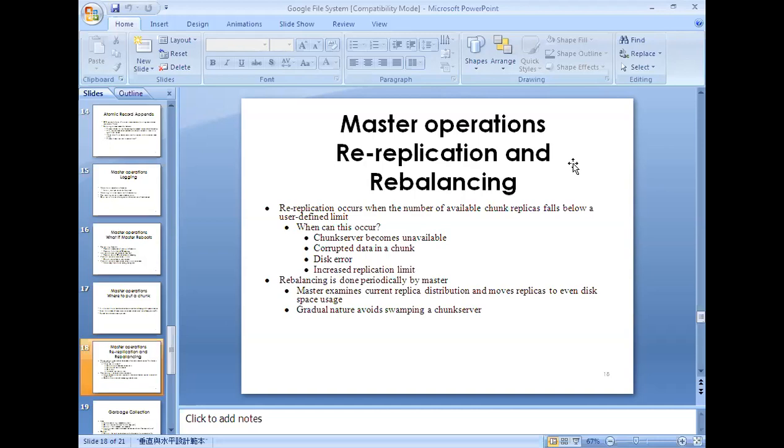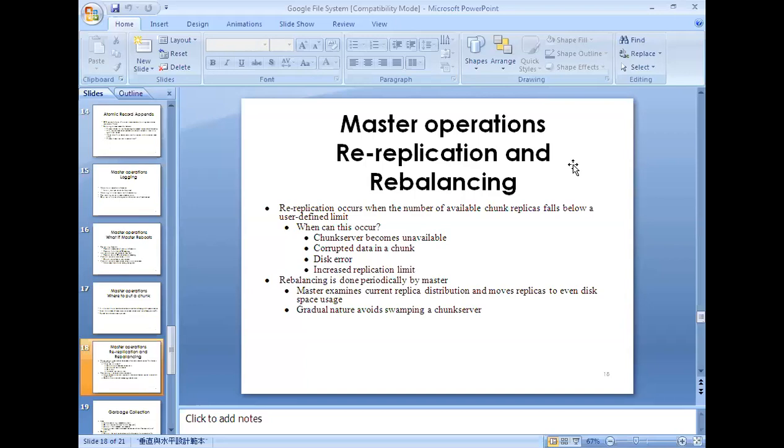And there may be corrupted data in a chunk. Some part of your data may be corrupted due to problems, virus, etc. So if it is not correct, what happens in that case? Those kinds of chunks are called orphan chunks. Those are corrupted or partially corrupted or partially not correct. Such chunks are called orphaned chunks.